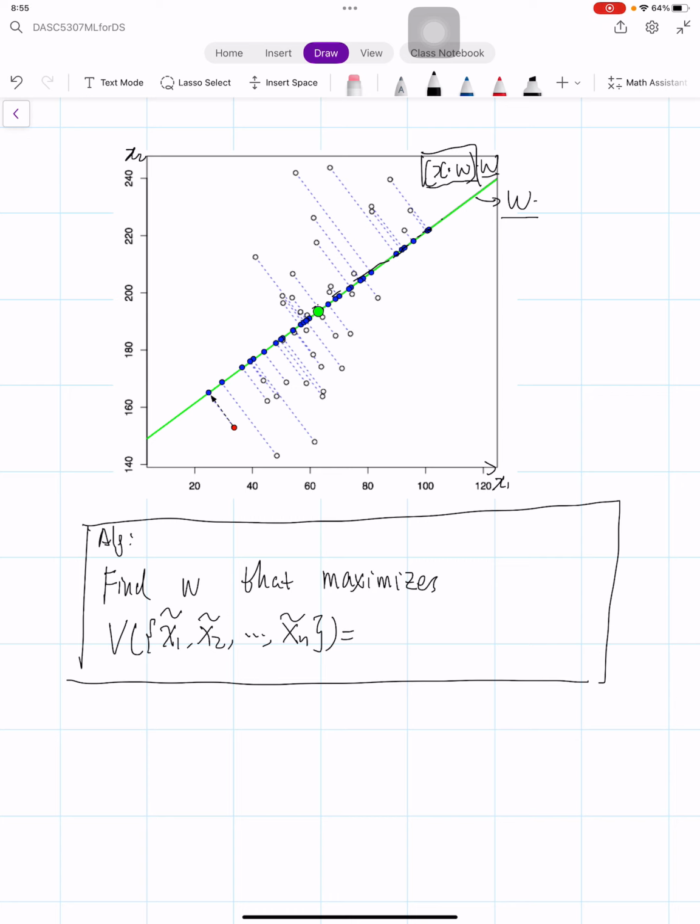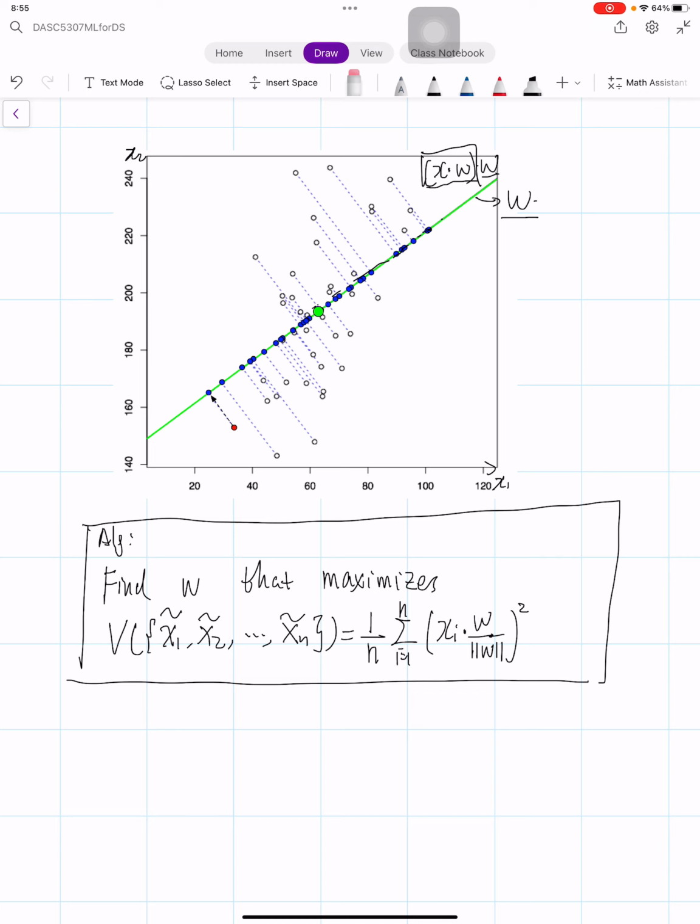We have the sample variance. The formula is given by xi multiplied by W, because remember this is our centered point, so we normalize this and we square it. This gives us the variance because it's centered x.